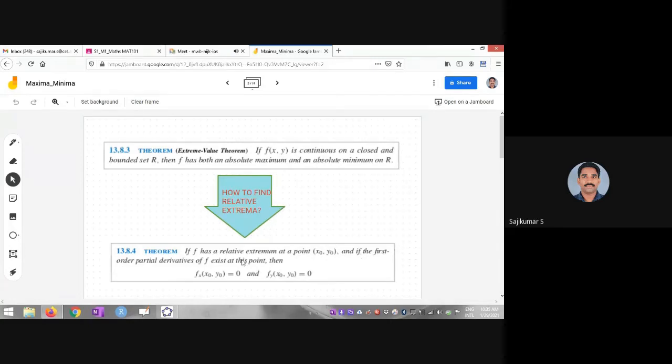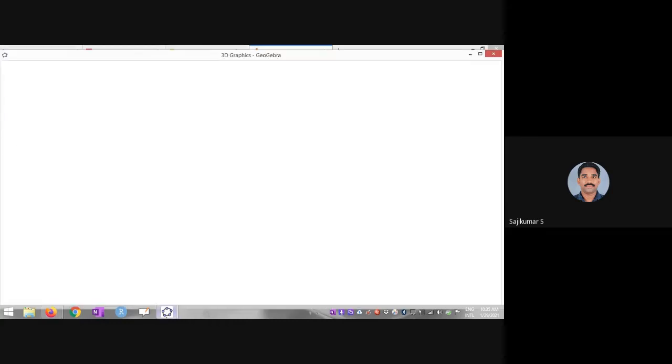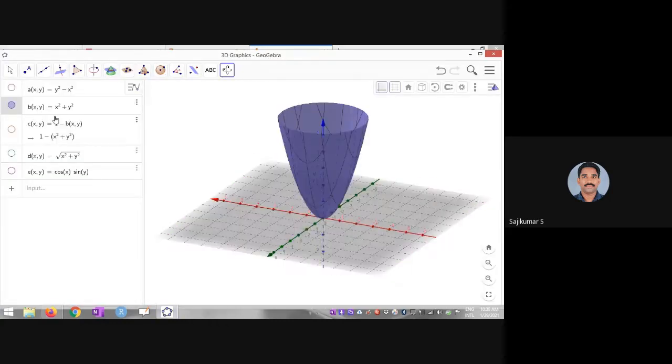So what happens if the first order partial derivative does not exist? See the figure. The paraboloid z equals f of x comma y equals x square plus y square. What are the first order partial derivatives? They are 2x and 2y. What are the values of 2x and 2y at the origin? 0 and 0.